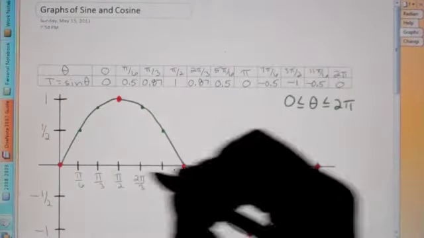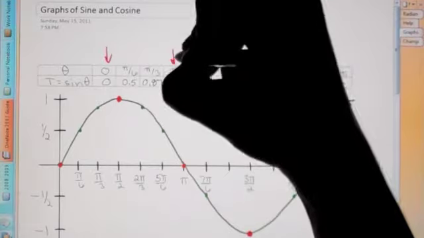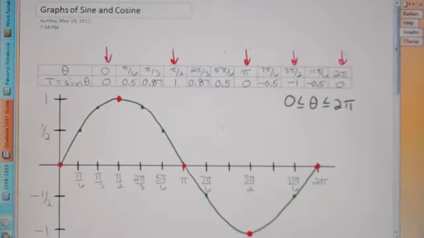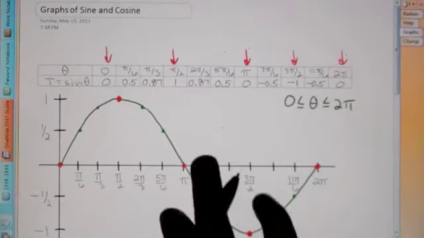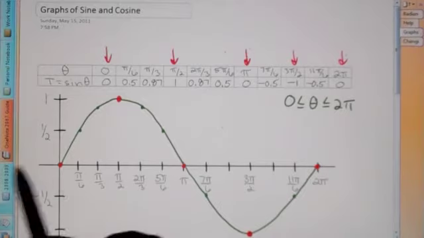These are the 5 dots you really need to memorize: the 0, the pi over 2, pi, 3 pi over 2, and 2 pi. If you memorize these 5, then this will help you tremendously as we continue on with graphing trig functions. So this is the graph of sine, just original sine from 0 to 2 pi.